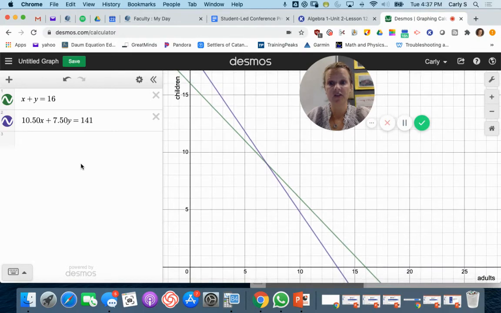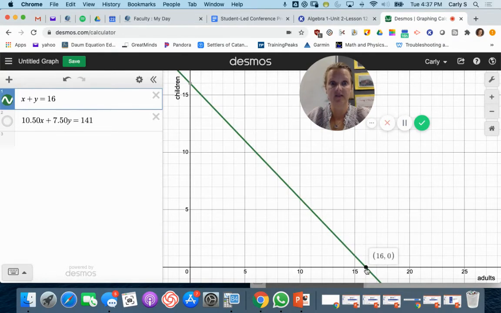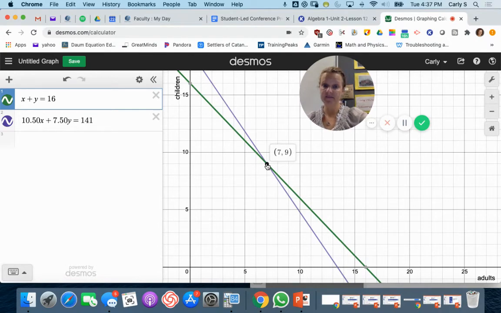So this shows me, if I hide this one, if I sold 0 kids tickets, I would be selling 16 adult tickets. If I sold 0 adult tickets, I'd sell 16 children's tickets. Okay, if I put the money constraint in there too, I need to sell exactly 9 children's tickets and exactly 7 adult tickets. It's the only solution that works for both equations.